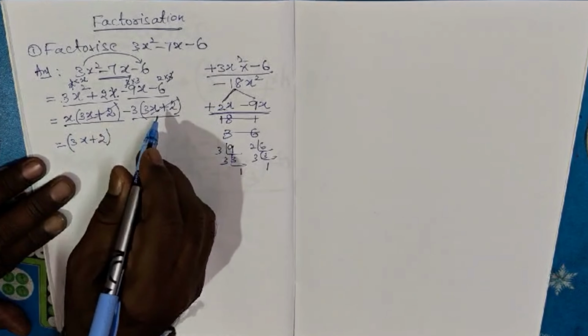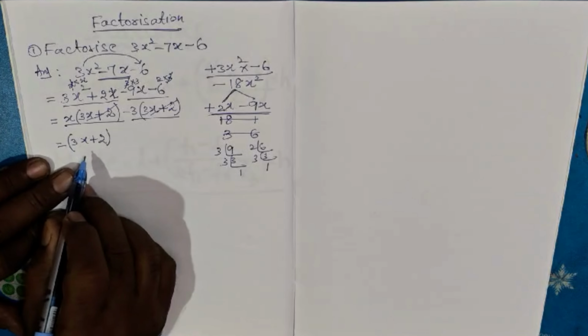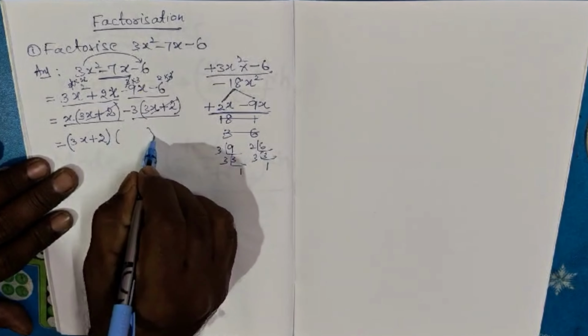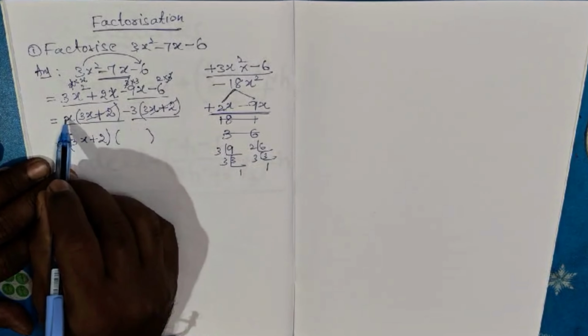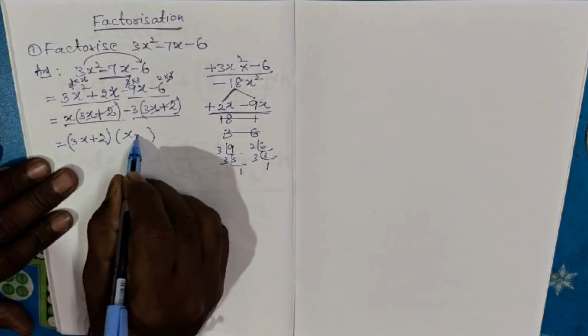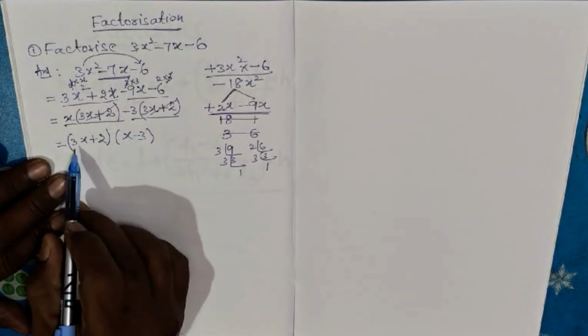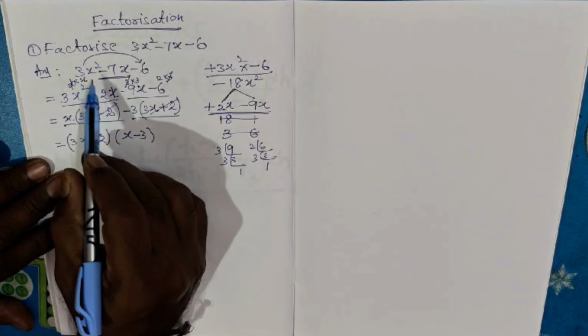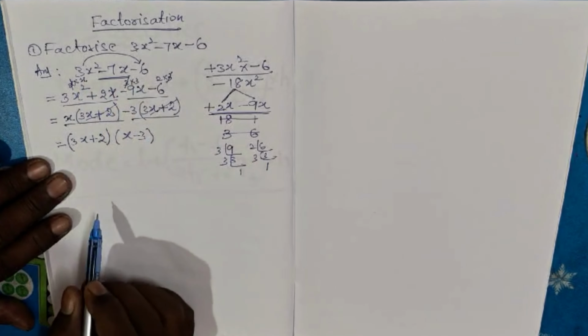It is present in both. Which is present in both, that we are writing once only. Into, in another bracket, we are writing the remaining things. Here x is remaining. Here minus 3 is remaining. So x minus 3. So 3x plus 2 and x minus 3 are the factors of 3x square minus 7x minus 6.